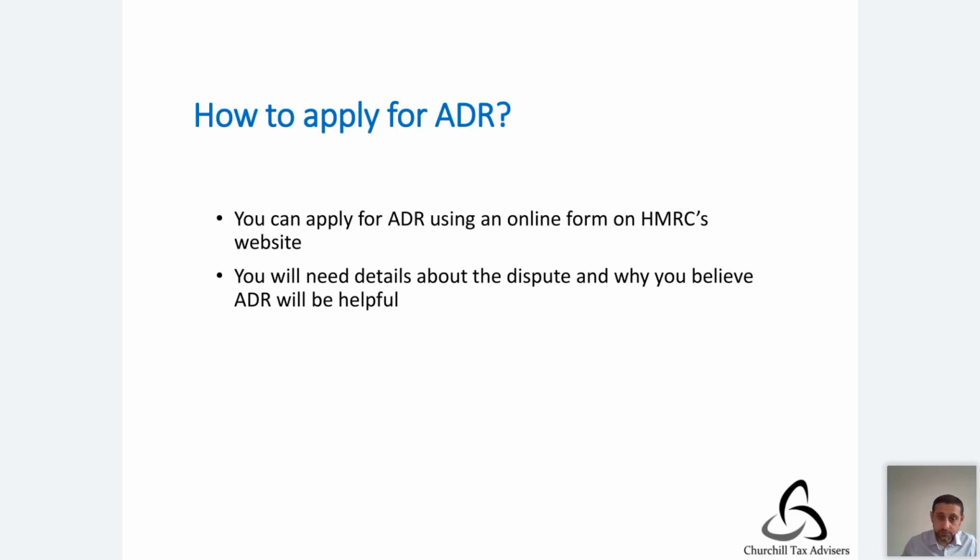If there is a point of dispute, or some evidence that HMRC have not considered during the assessment process or the inquiry process, or the inspectors have not given particular attention to a particular point, and you feel that this is a very important point, or it wasn't brought up, or they didn't ask this question, but if they had asked it, it would have changed their view, then you need to raise this at ADR. You will be asked when you're completing the online form why you feel this would be helpful.